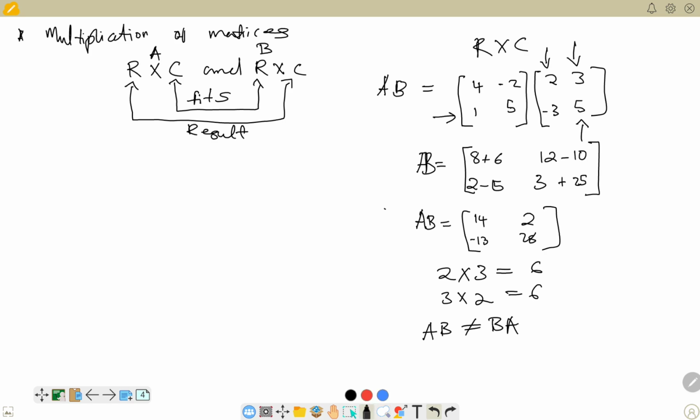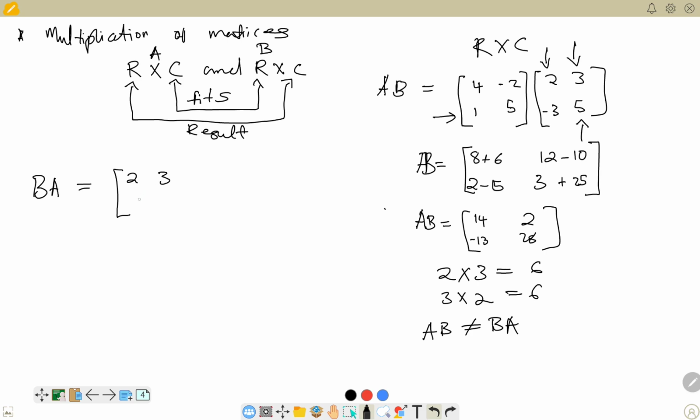So let's do BA, because now we have done matrix AB. This tells us that in BA, the first matrix is B and the second matrix is A. So if we do it there, it's going to be reversed.